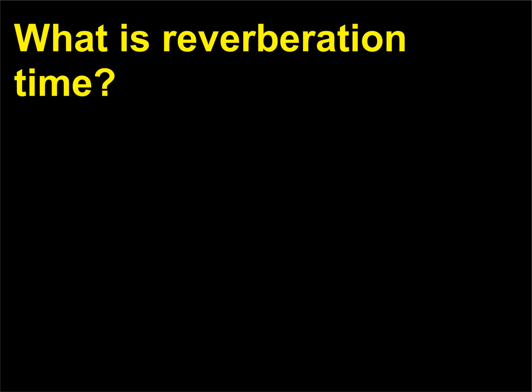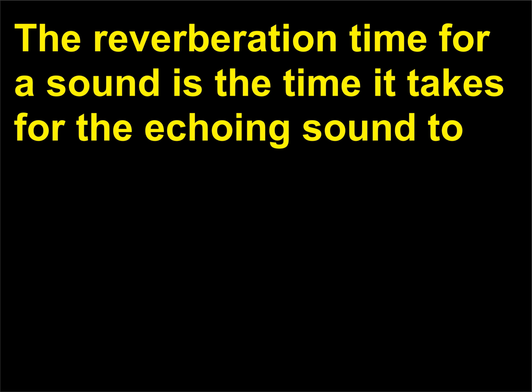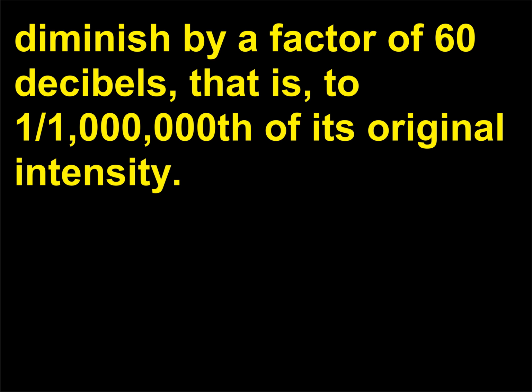What is reverberation time? The reverberation time for a sound is the time it takes for the echoing sound to diminish by a factor of 60 decibels, that is, to 1/1,000,000 of its original intensity.